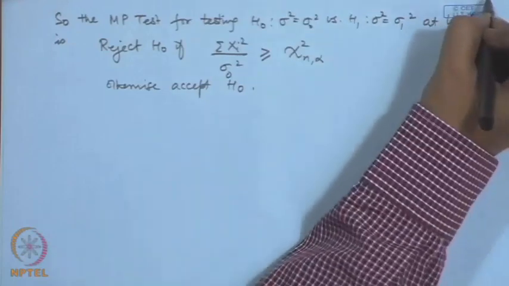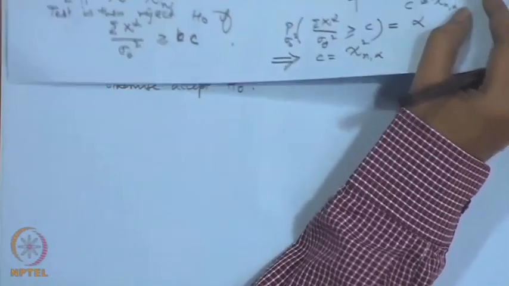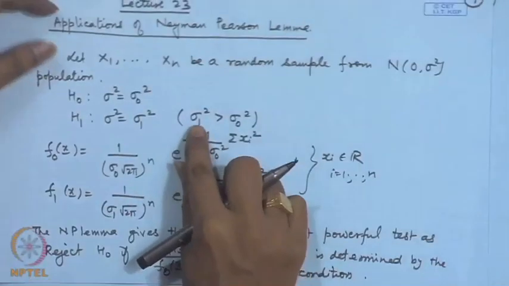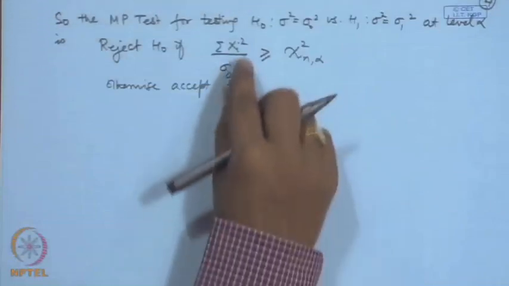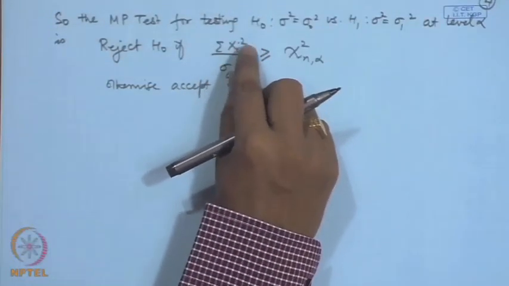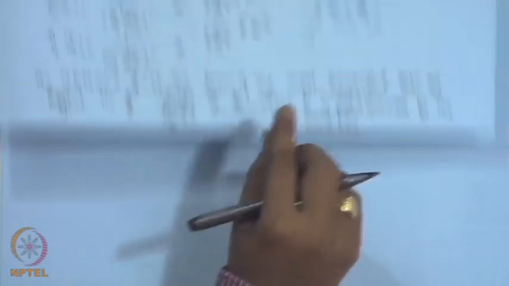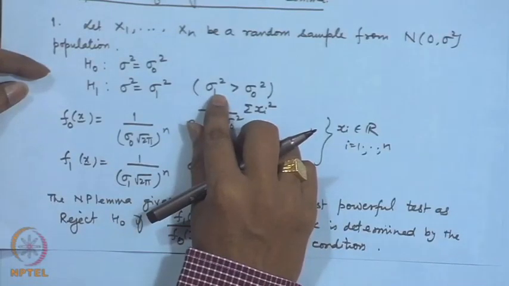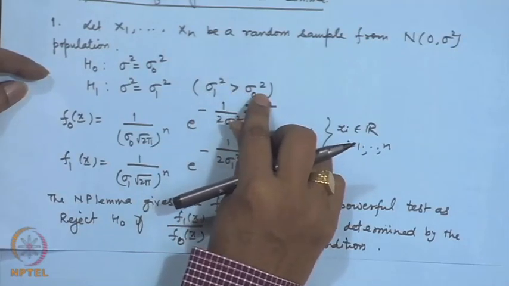Now, I will consider one variation in this problem here. Here I have considered sigma 1 square greater than sigma naught square. Accordingly, our test is rejecting for larger values of sigma x I square. On the other hand, suppose I change here, in place of sigma 1 square greater than sigma naught square, I take sigma 1 square less than sigma naught square.